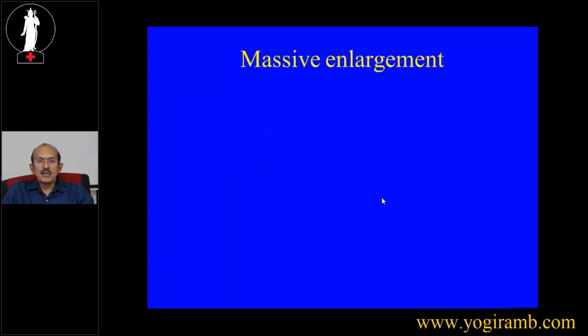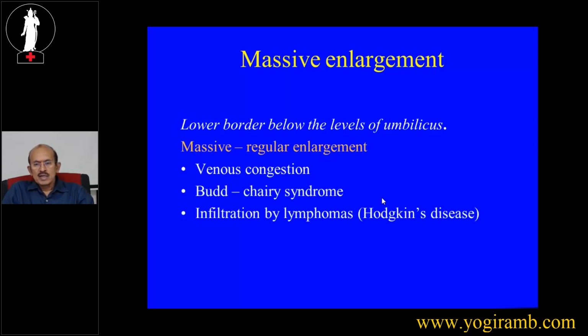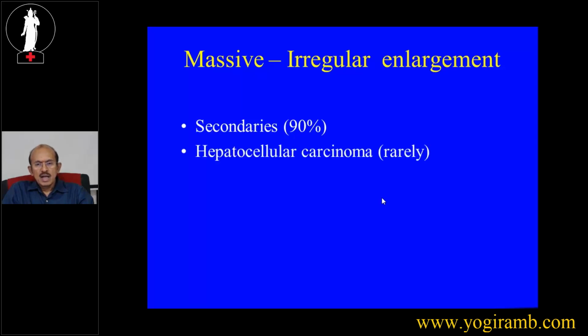Massive enlargement. When our liver is enlarged below the level of the umbilicus, you must consider these things. If it is regular: venous congestion, Budd-Chiari syndrome, infiltration by lymphomas, that is Hodgkin's disease, fatty infiltration, amyloidosis. Massive irregular enlargement: secondaries, hepatocellular carcinoma, rarely.